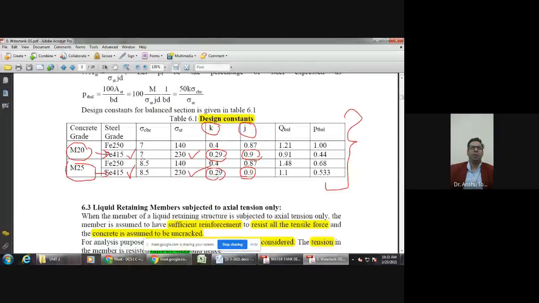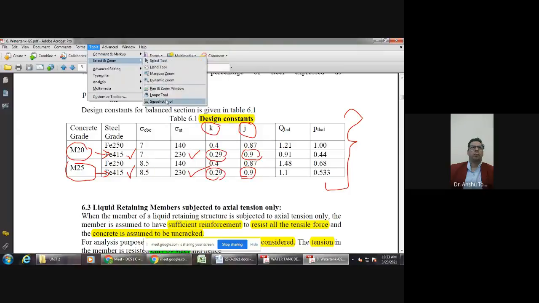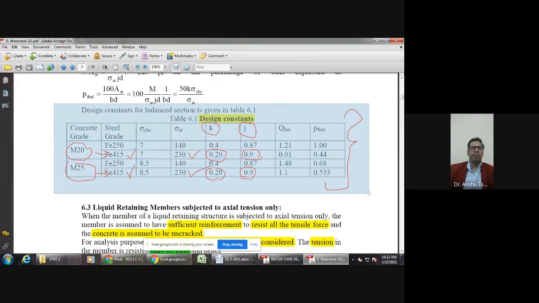So we have this particular table. I am sharing it with you. This is the table where we can see these coefficients.